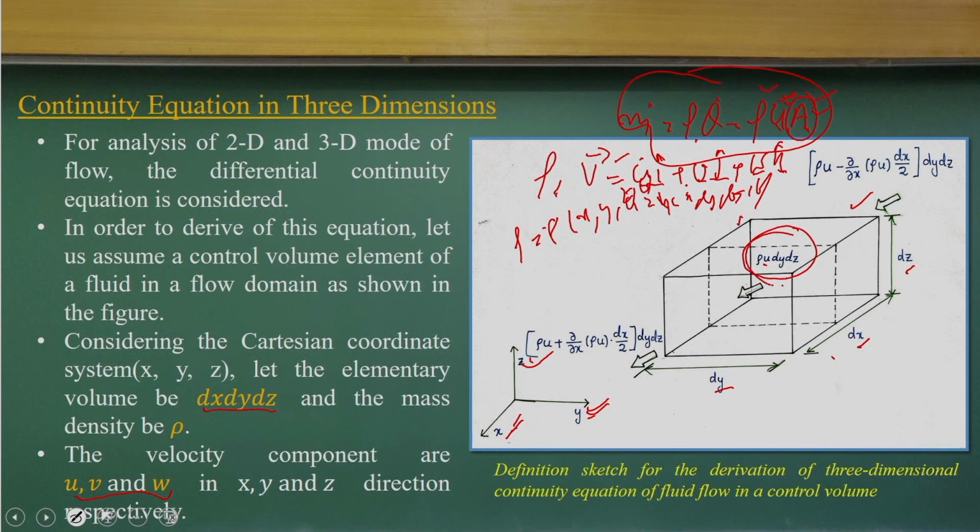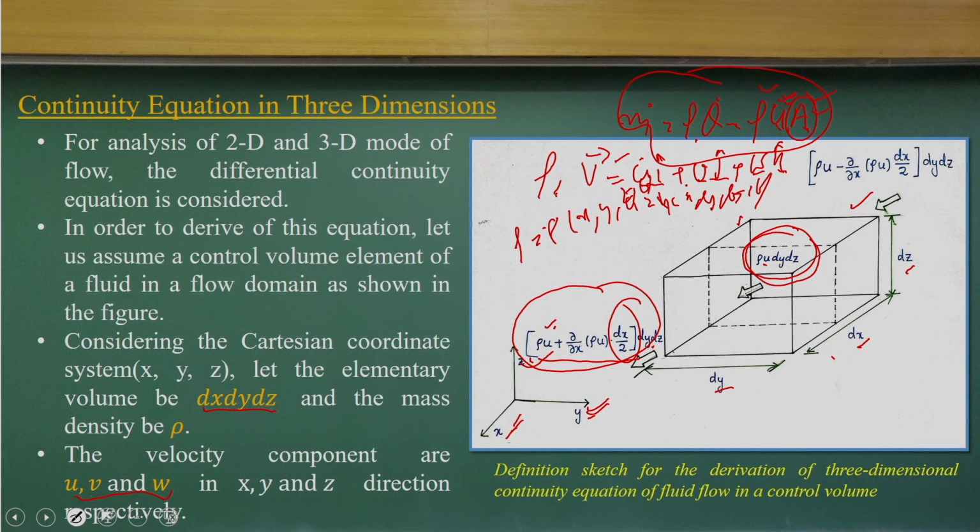This mass flux varies along the x direction. Considering the first term of the Taylor series expansion, the mass flux at the outgoing face will be rho u plus the partial derivative of rho u with respect to x times dx by 2, which is the distance from the centroid, times dy dz. This is the Taylor series expansion to estimate the value of a function at a distance dx by 2.